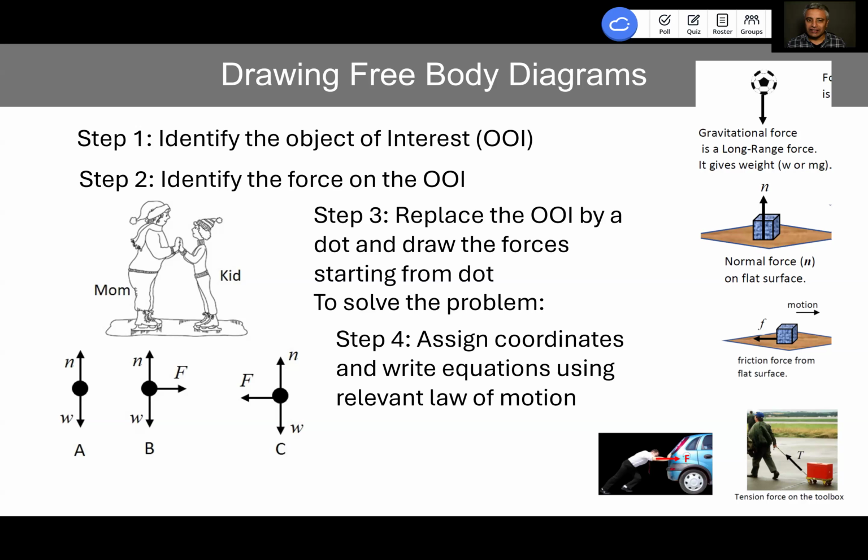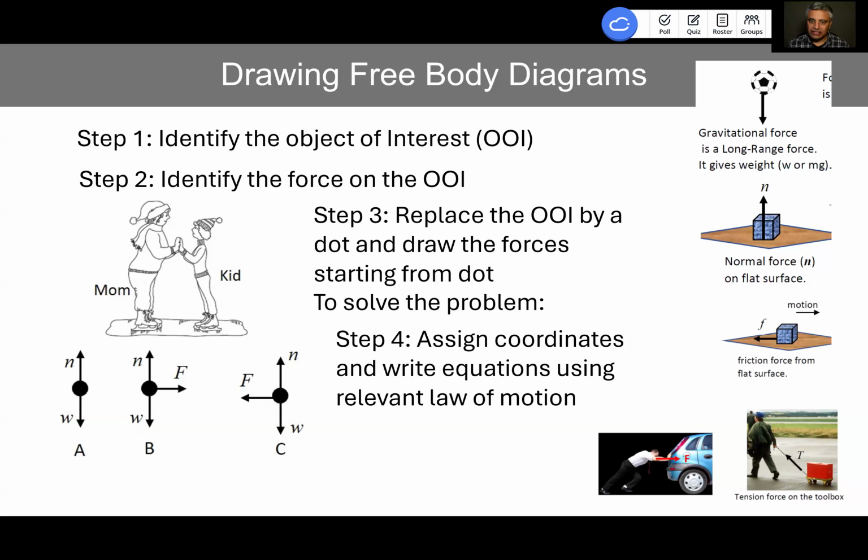So after finishing kinematics, we started talking about dynamics last class, and we learned about 3 laws of motion that talk about the effect of force on the motion. While talking about the 3 laws of motion, especially the first and second law, we talked in terms of net force, meaning the sum of all the forces acting on the object.